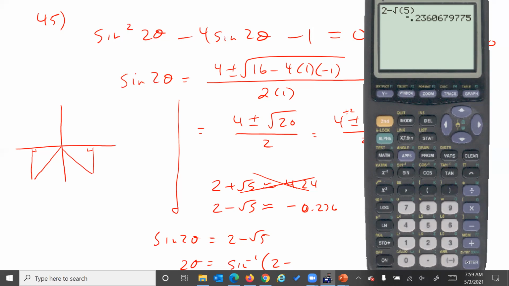So what I want to do is make it into a positive. So it's going to be the negative of my answer. Are we good? Enter. So you get a negation, and this little ANS, answer, always brings in the previous one. We have sine inverse of, now let's bring in the answer again.